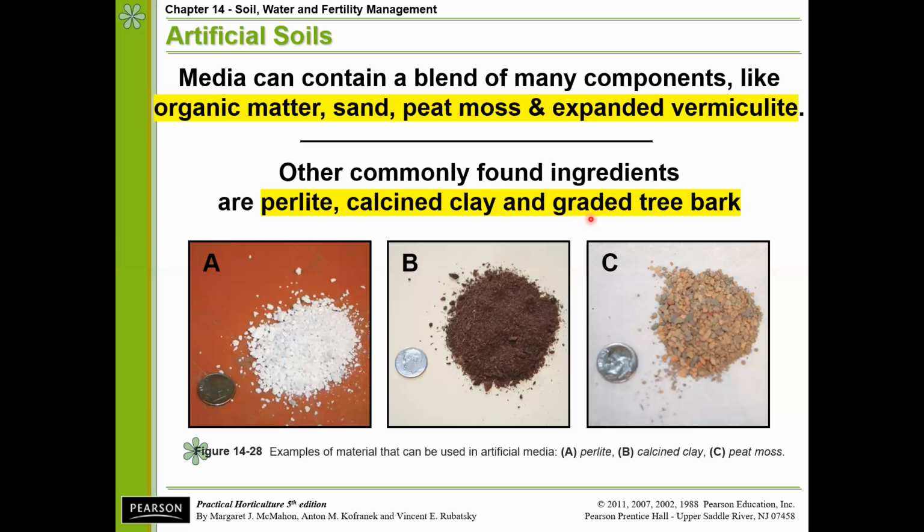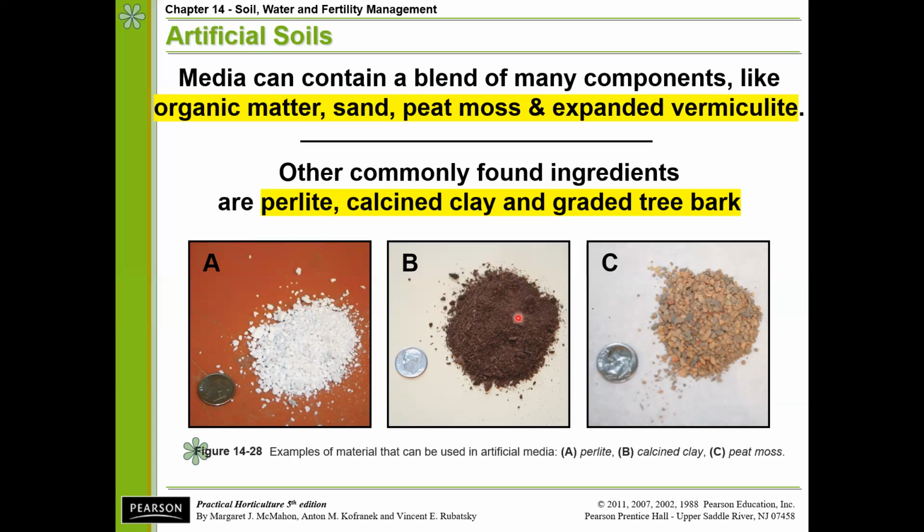These are all different types of components that could be used as media. Here we have some perlite, often used to provide more drainage in soil media. Here we've got some calcined clay.